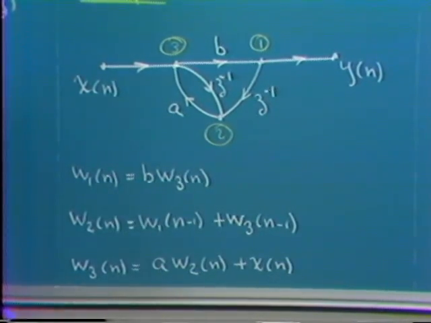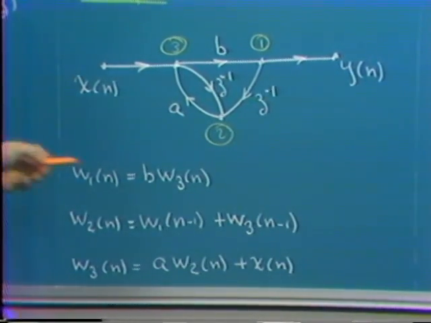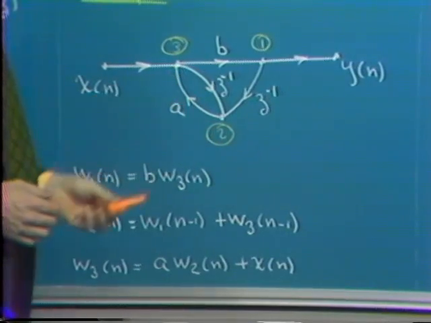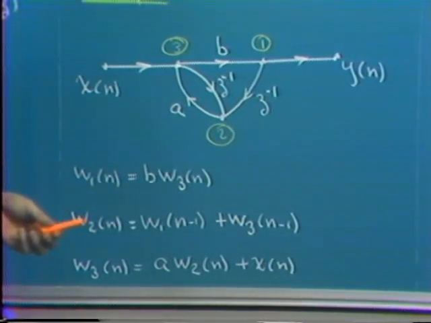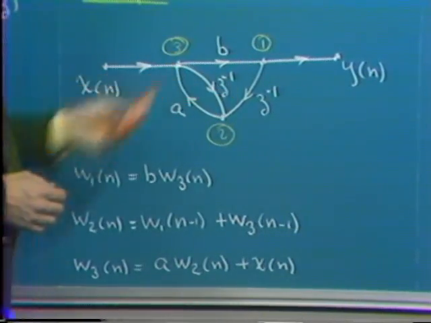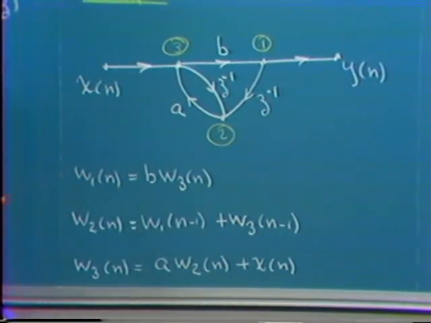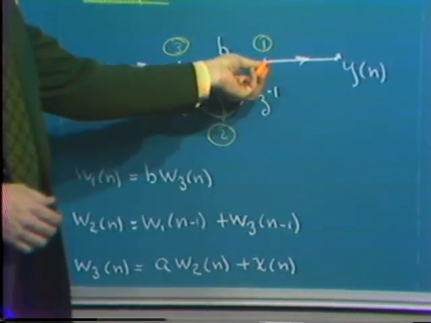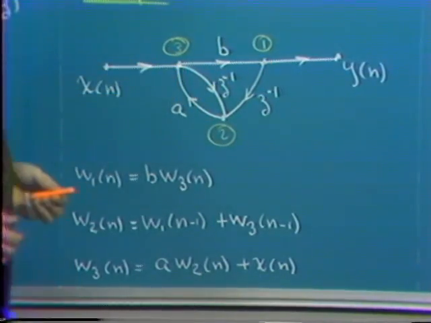Let me draw your attention to the fact, incidentally, that the way that I've numbered these nodes is not the order in which I can compute them if I were to compute them successively. Now, what I mean by that is, suppose that what the numbering means is that node 1 I'll compute first, node 2 I'll compute second, node 3 I'll compute third. To compute node 1, I need node 3.